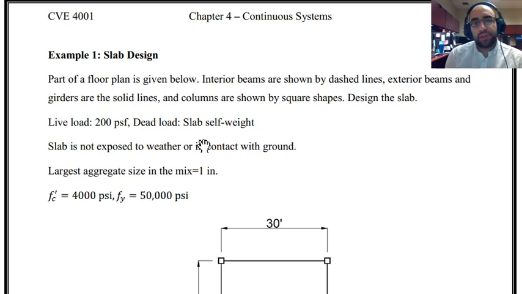The slab is just resisting its own weight, and we might have some additional weights, like for finishing or sealing of the lower level, and such things might be additional dead loads on the slab, but usually the major dead load on slabs is the self weight of the slab.